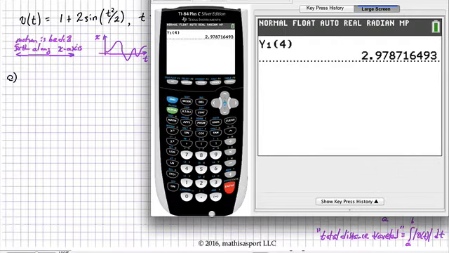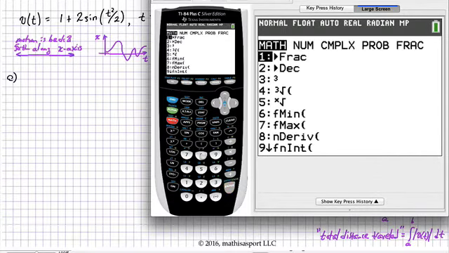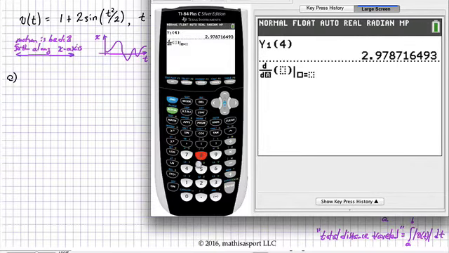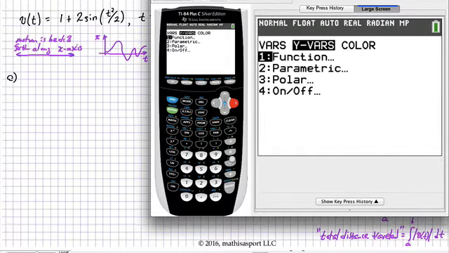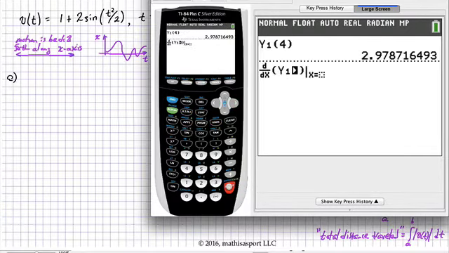Well, the acceleration is the derivative, so I'll use Math 8. And again, I'll insert the velocity as the function.